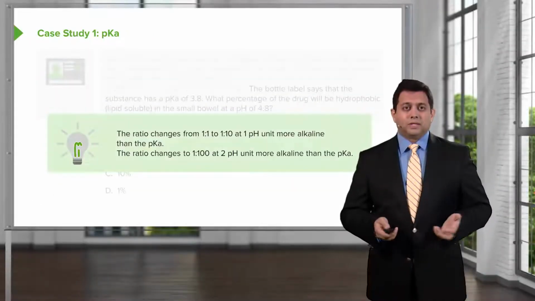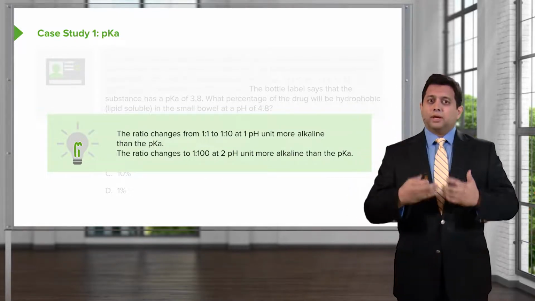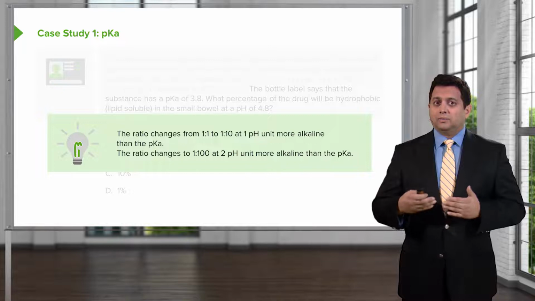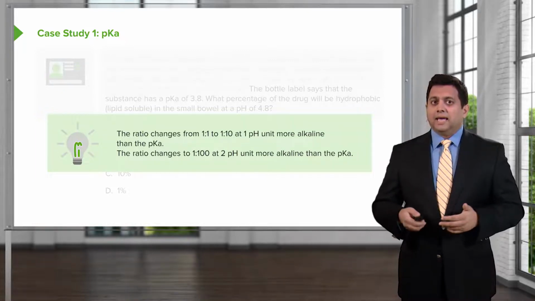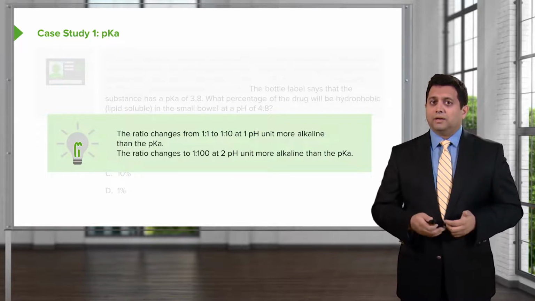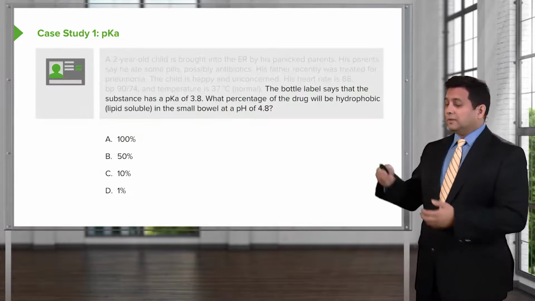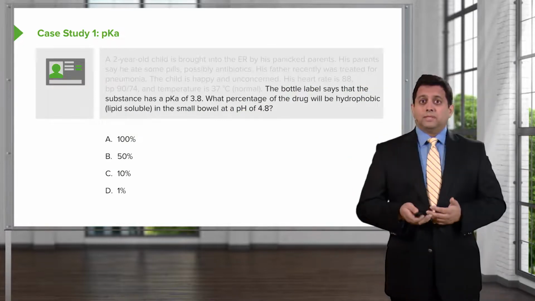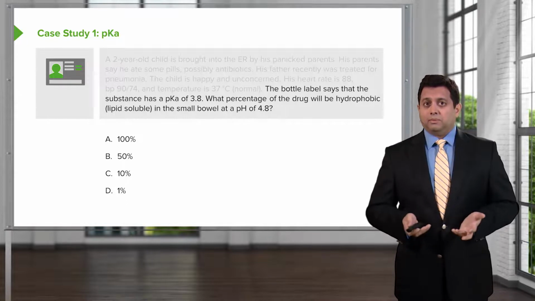So speaking of questions, let's go back to our question in our case. The ratio changes from 1:1 to 1:10 at 1 pH unit more alkaline than the pKa, and it changes to a ratio of 1:100 at 2 pH units more alkaline than the pKa. So in the case of this question, the bottle label says that the substance has a pKa of 3.8.